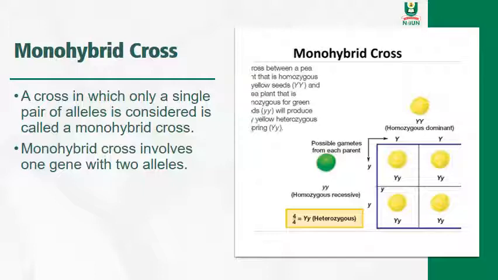If you want to write it out, these are the alleles that are produced from the homozygous dominant gene, and these are the alleles that are produced from the homozygous recessive. So when you combine it this way, then you get your heterozygous, which is 4/4. So that is it for the monohybrid cross.